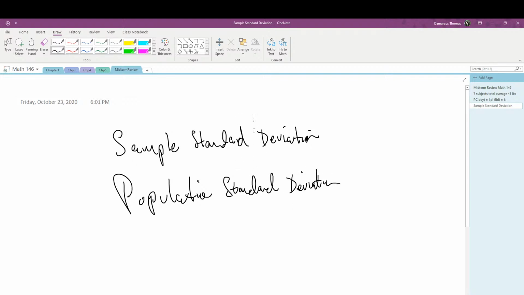They're calculated differently. So we have to know, which one are we talking about? Are we talking about a sample? Are we talking about the real population? And they told us it's the sample.